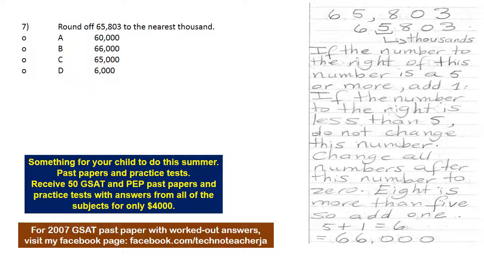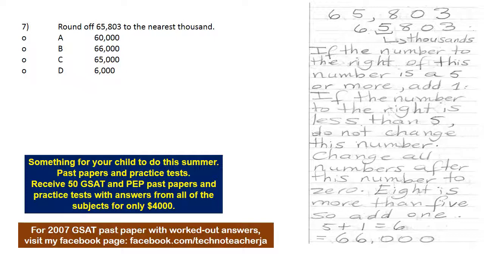The number in the thousands position is 5,000. What we can do is either circle the 5,000 or underline it. What I have done here is underline the 5,000.